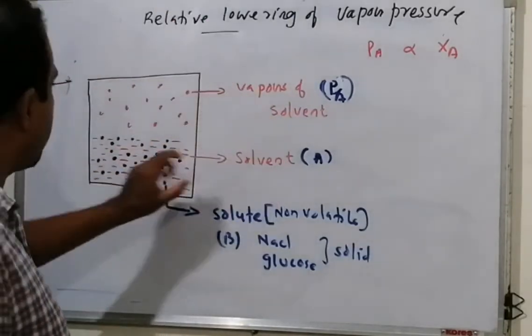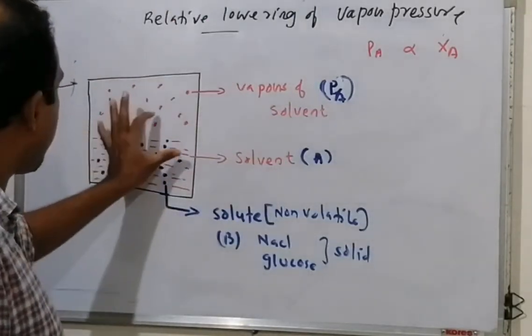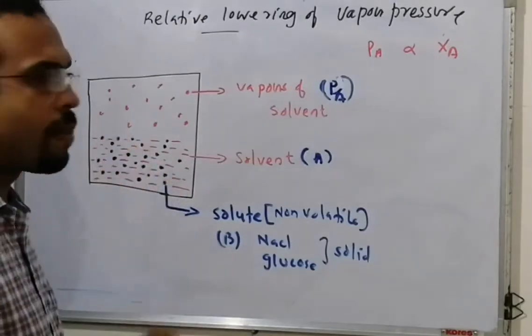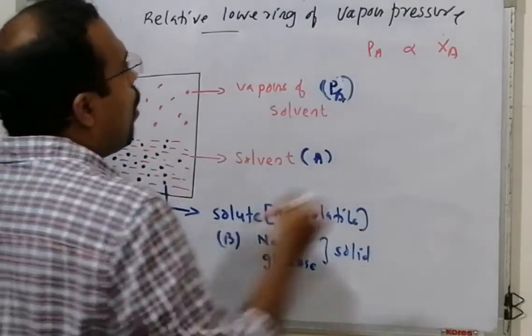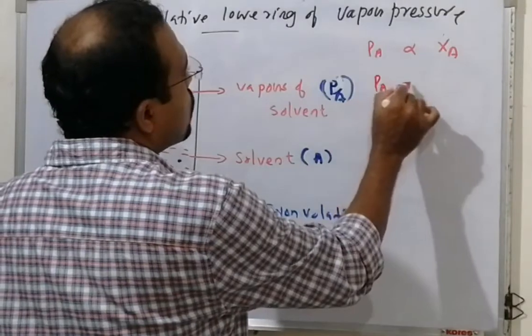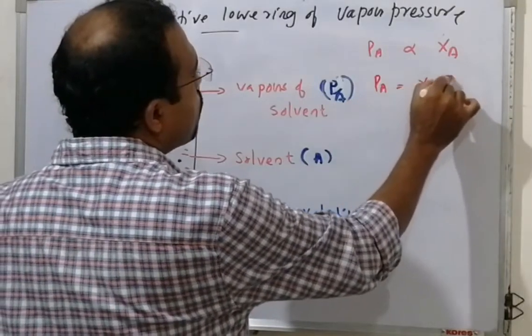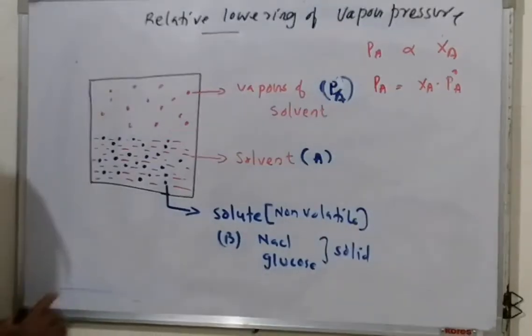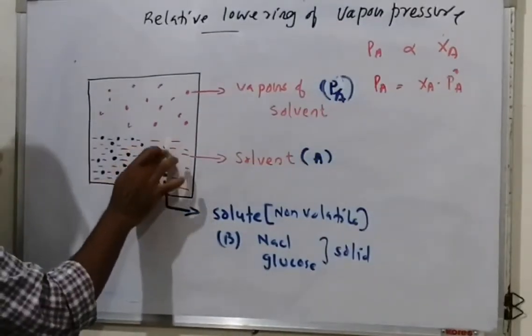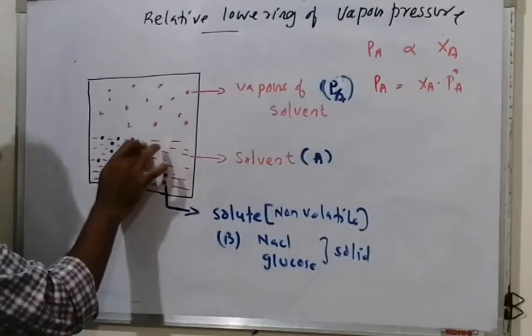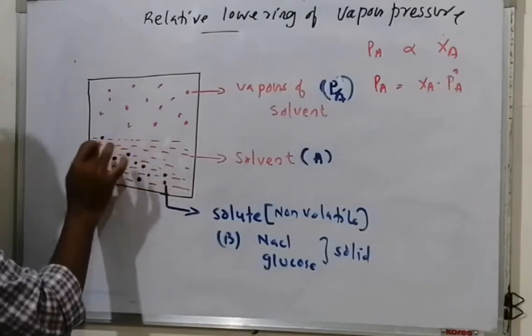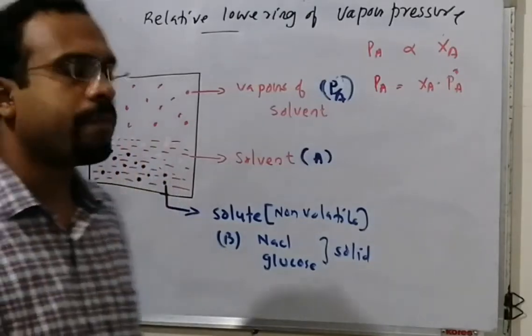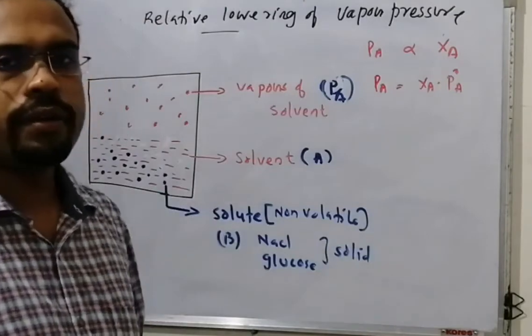Vapor pressure of A is directly proportional to the mole fraction of A in the solution. Or PA is equal to XA into P0A. What is P0A? P0A is the vapor pressure when there is no solute. Okay, that is P0A. Fine.